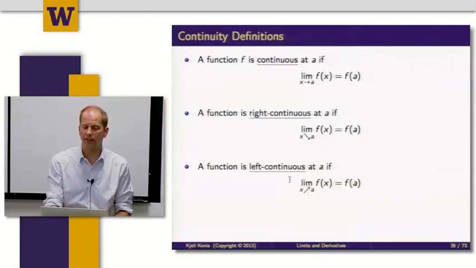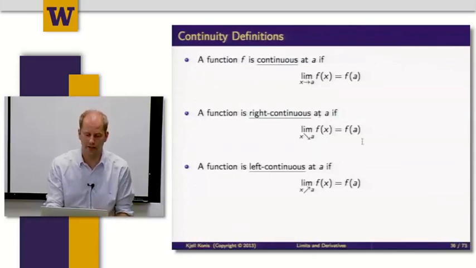A function is left continuous at A if I look at points less than A and move towards A, the limit of f of x is equal to f of A. And so clearly, if a function is continuous, it's going to be both right continuous and left continuous.